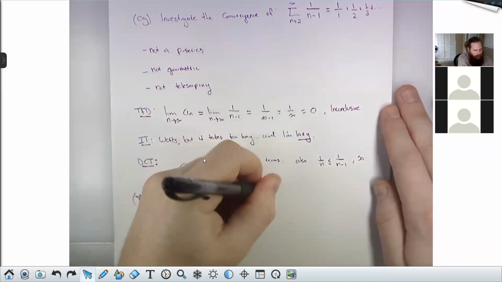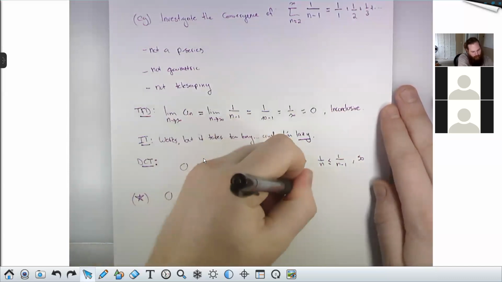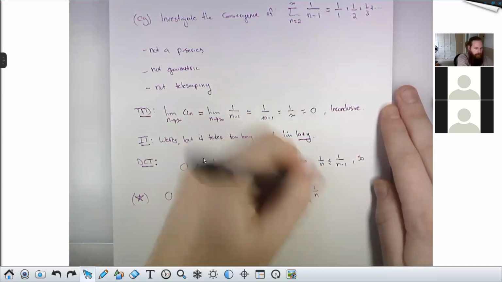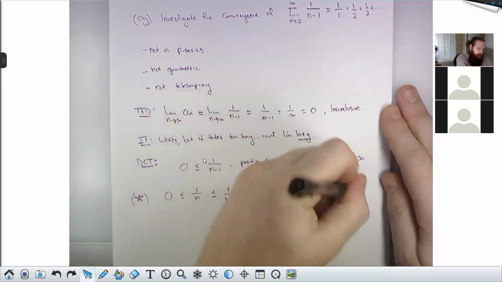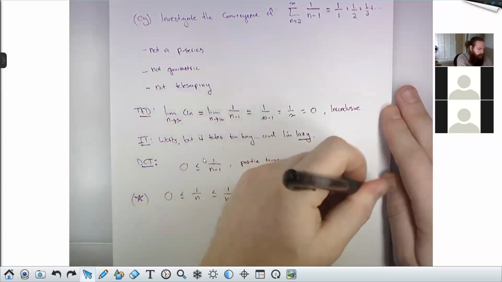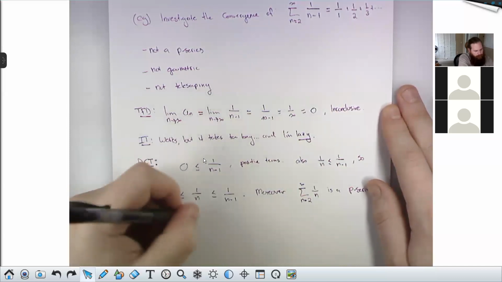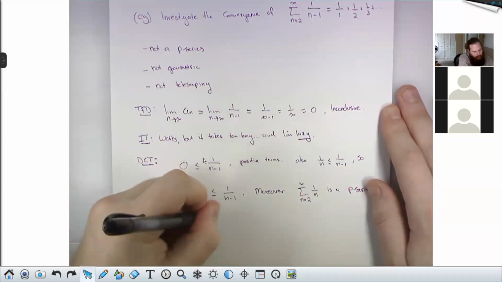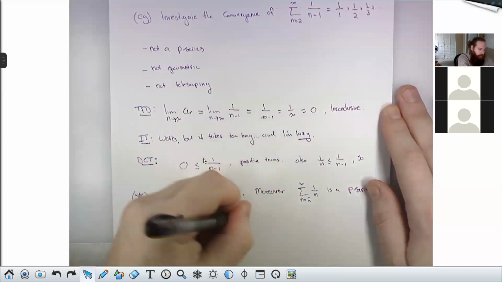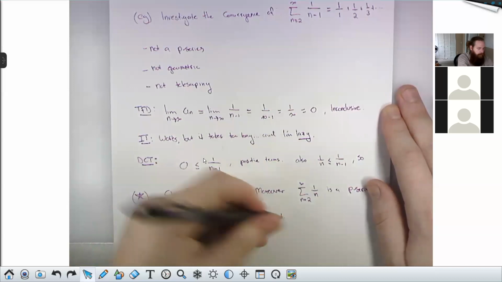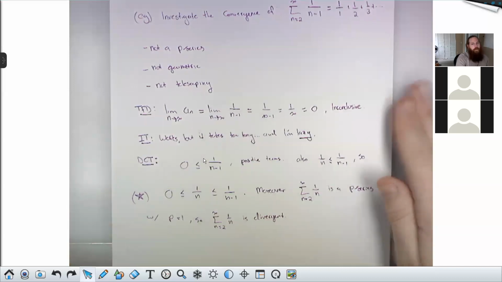Moreover, the sum from n equals 2 to infinity of 1 over n is a p-series with p equal to 1. So the sum from n equals 2 to infinity of 1 over n is divergent, because 1 is not strictly greater than 1.